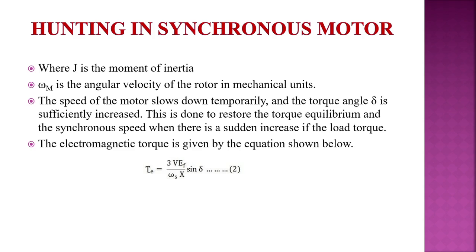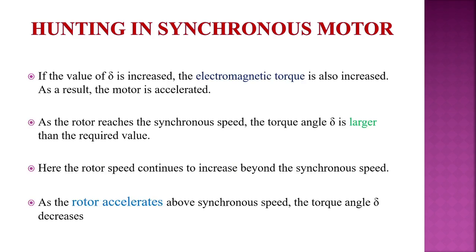The speed of the motor slows down temporarily and the torque angle delta is sufficiently increased. This is done to restore the torque equilibrium and the synchronous speed when there is a sudden increase in the load torque. Now the electromagnetic torque is given by TE is equal to 3V EF by omega S times sine delta.